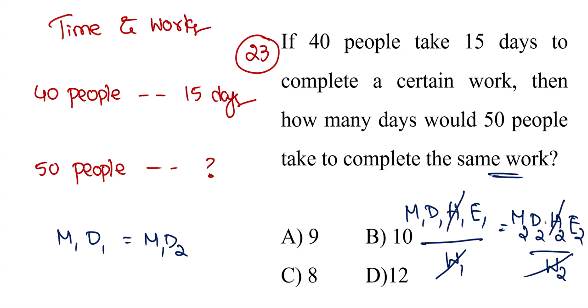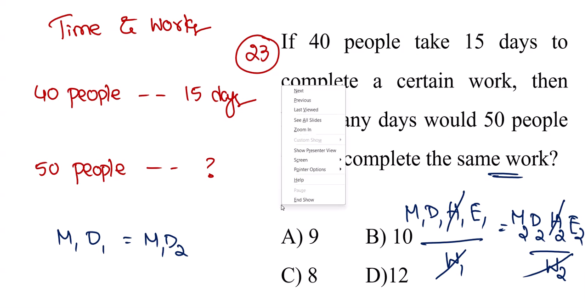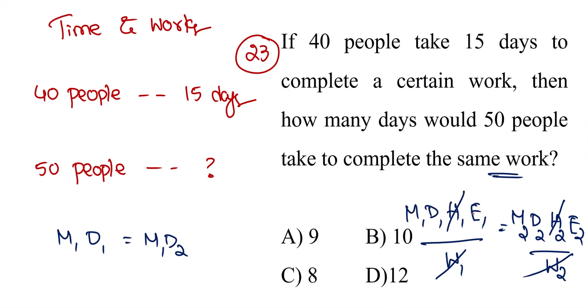H is constant, which means both groups are working daily 8 hours per day or 6 hours per day, constant. Efficiency is not mentioned. We can ignore it. So M1 D1 equals M2 D2. Use that. 40 into 15 equals 50 into what? 4 into 3, 12 days.